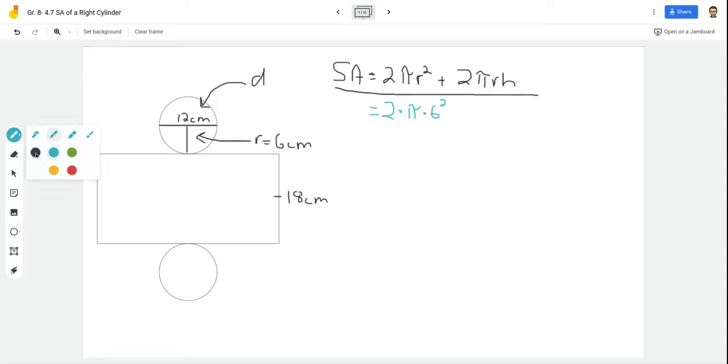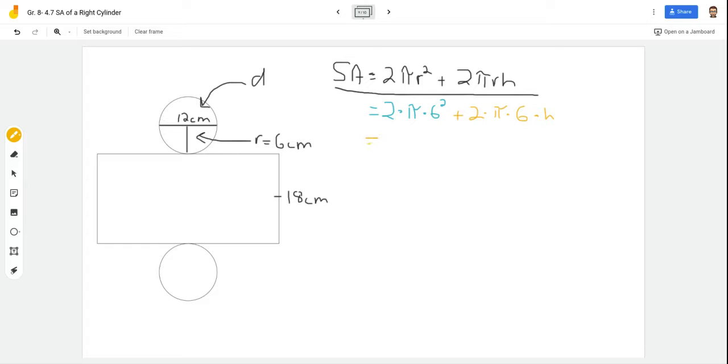And then, of course, we can flip over to the second part, which refers to the curved edge of the rectangle and the height. So then I have 2 multiplied by pi multiplied by the radius, which we've determined is 6, multiplied by the height.